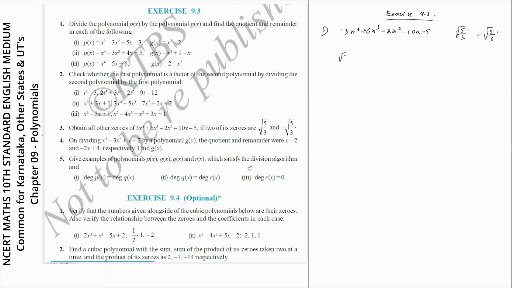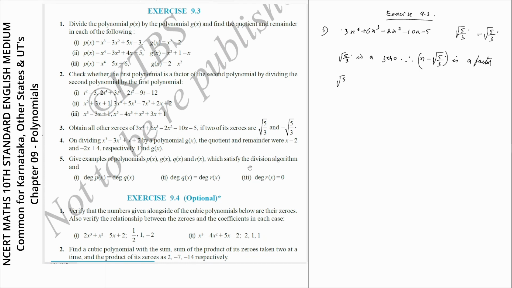So square root of 5 by 3 is a zero. Therefore x minus square root of 5 by 3 is a factor of the given polynomial.